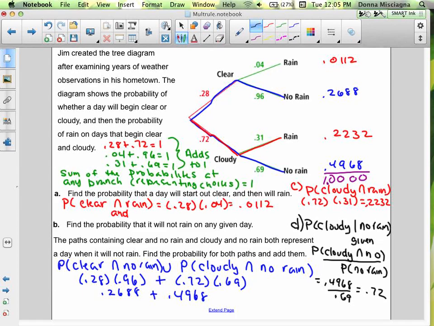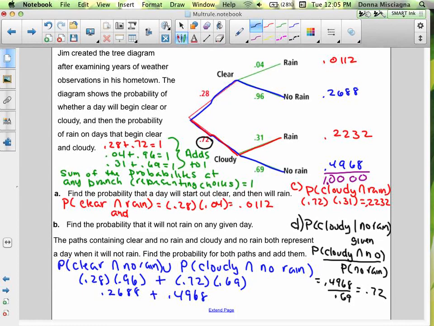So we don't even have to use the formula if it's conditional probability with a tree diagram. The probability that it will be cloudy, given that there was no rain, is going to be right here. That's why I said you work backwards. You don't include this number, because you're going down this pathway, and you already have the no rain. That's already occurred. If you multiplied them, you'd be finding the probability of cloudy and no rain.